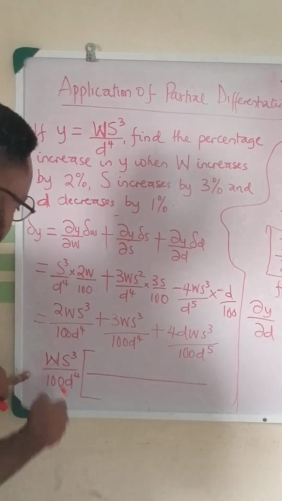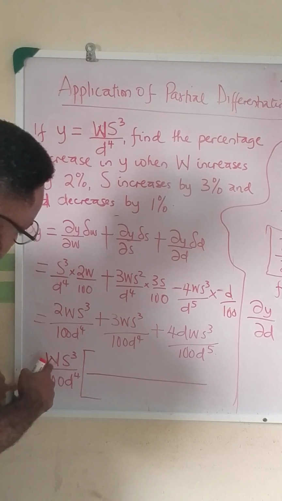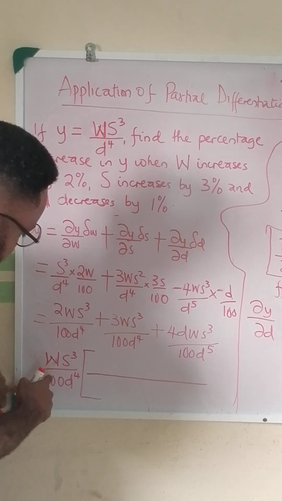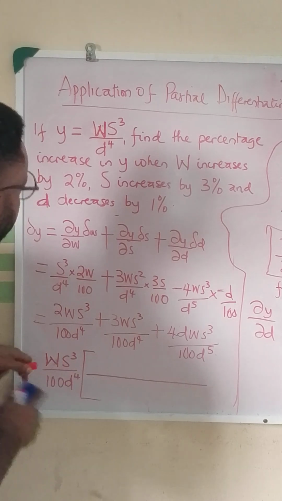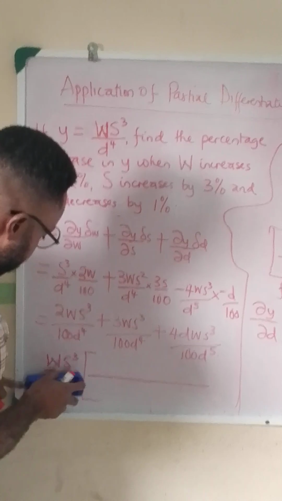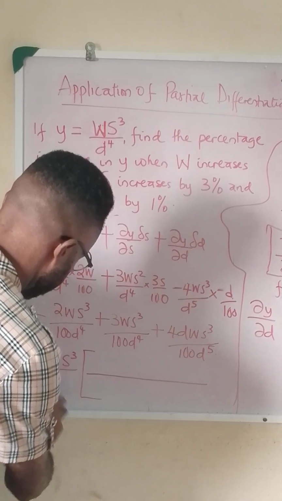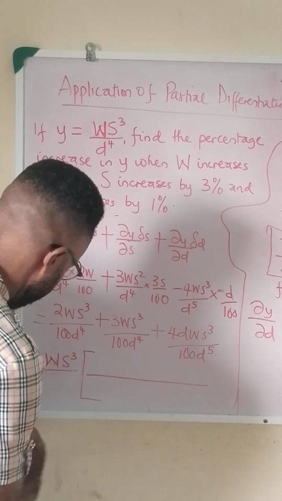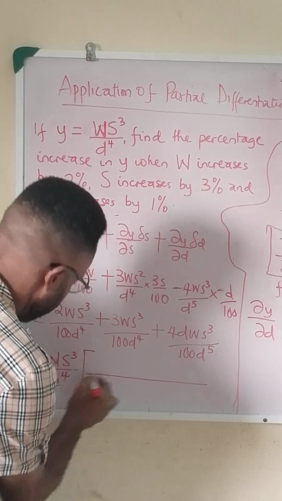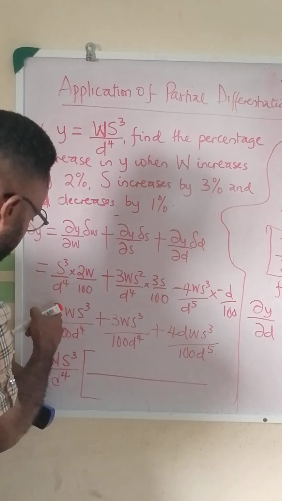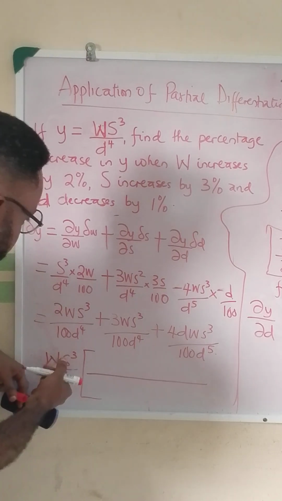Now, we can keep 100 and just factorize D raised to power 4, so that when we do our division, we can have what we are looking for.